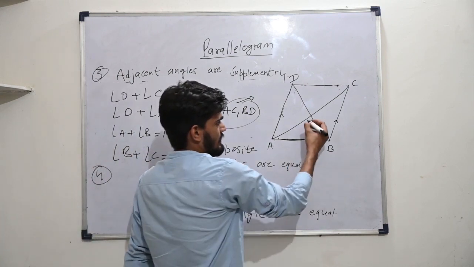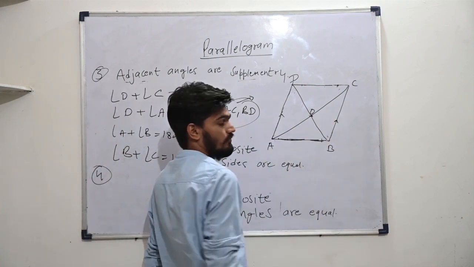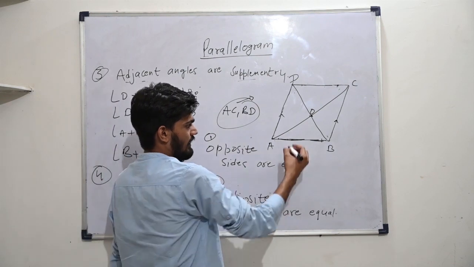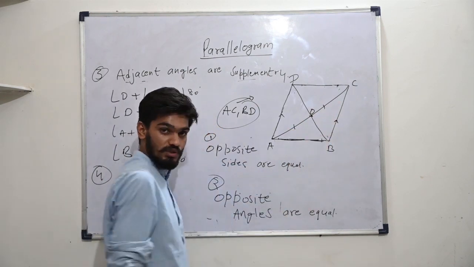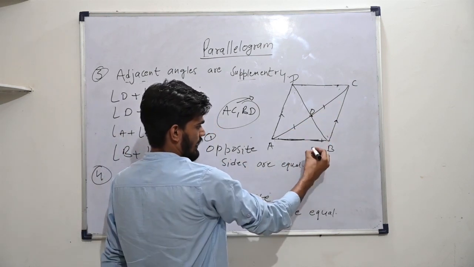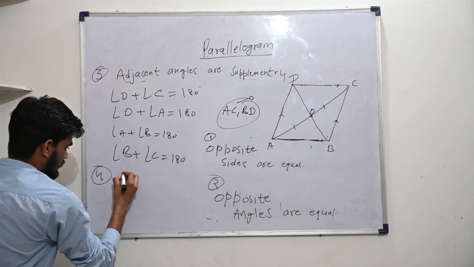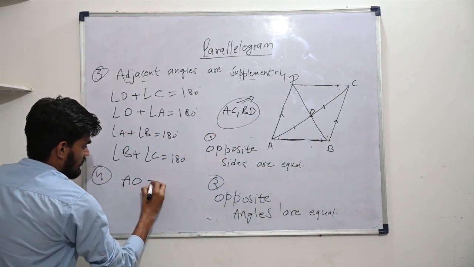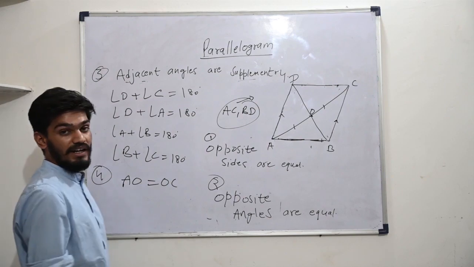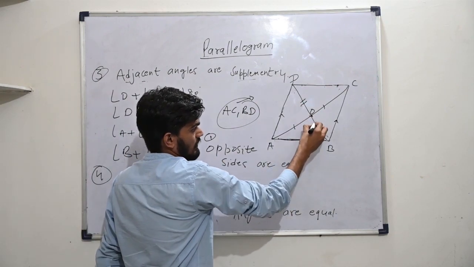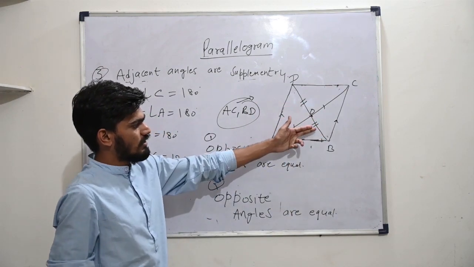That means, let's say this is point O. Then AO is equal to OC. Okay. I will write down here. Fourth property here. AO is equal to OC, as well as DO is equal to OB.